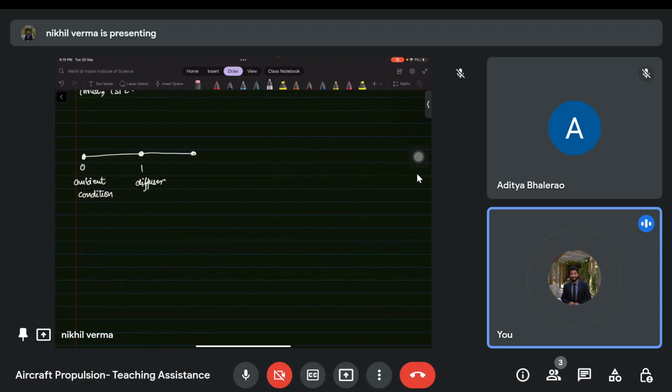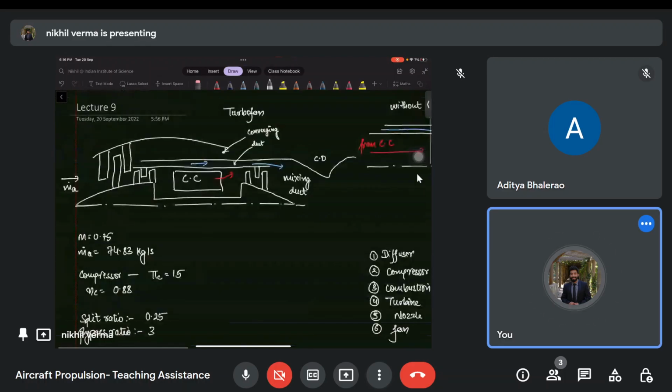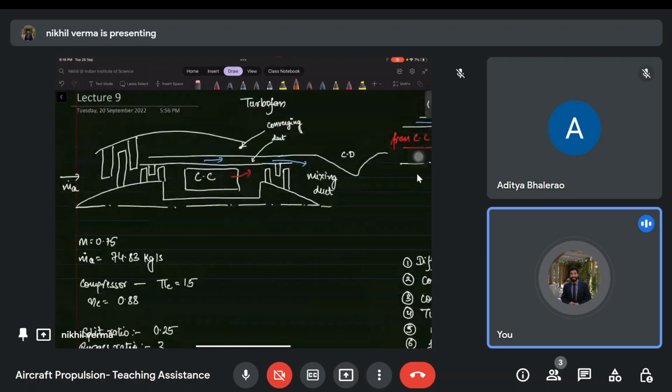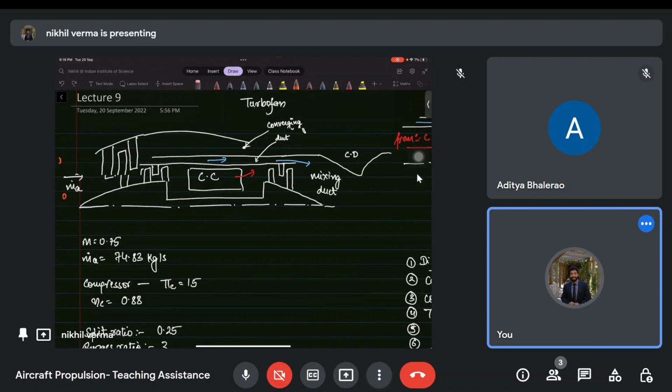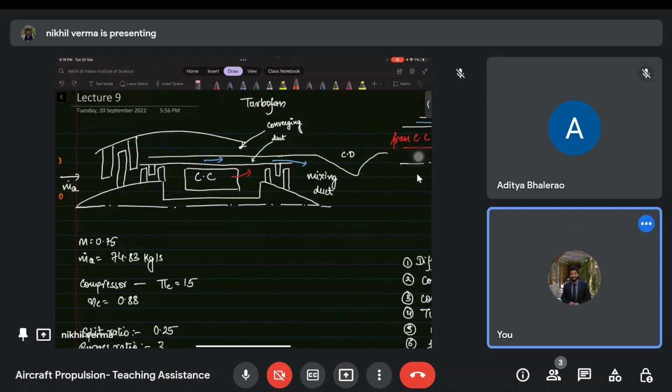Between one and two there is a diffuser. Let me define here. Zero signifies this ambient condition. This is one, before the inlet. This is two.